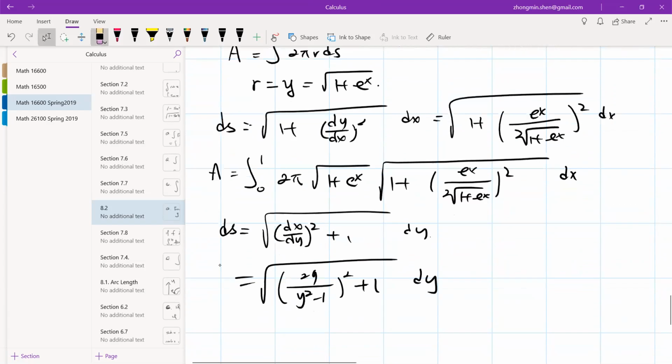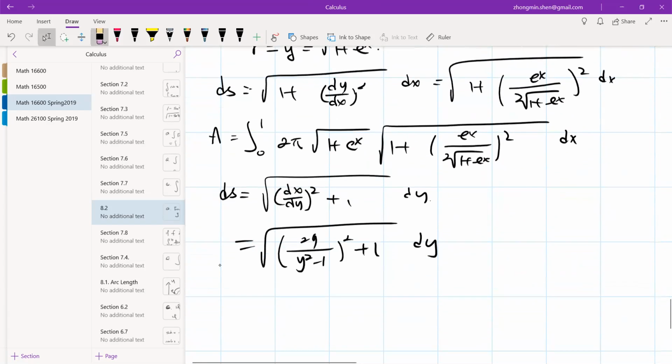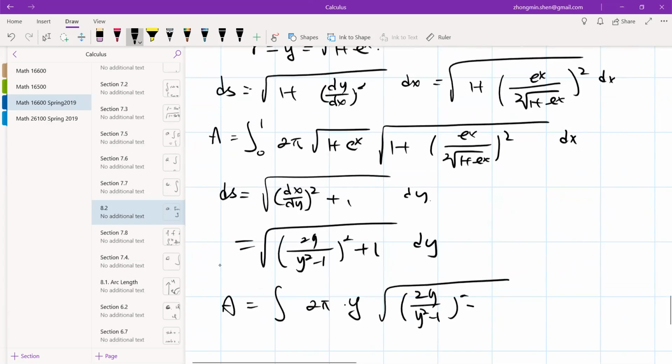All right, so the formula is similar. The area is going to be the integral from this, and r is just y, you don't need to make any changes, then the ds, and dy. And what is the domain for the y variable?